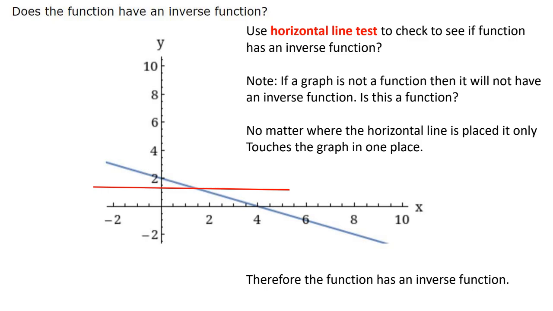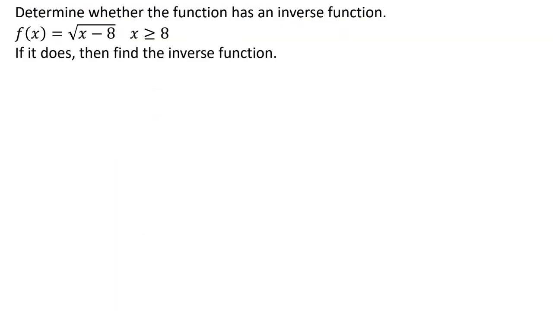If my imaginary horizontal line crosses my graph only once, then this graph has an inverse. When I was testing for a function, every x value corresponded to only one y value. Now I'm doing the opposite: I'm checking that every y value corresponds to only one x value.